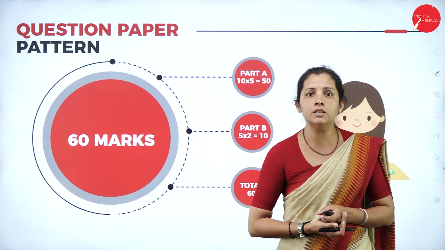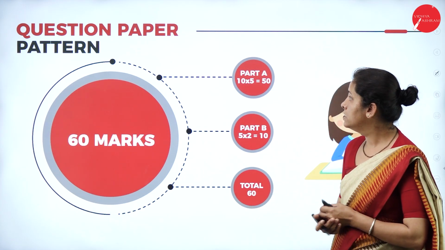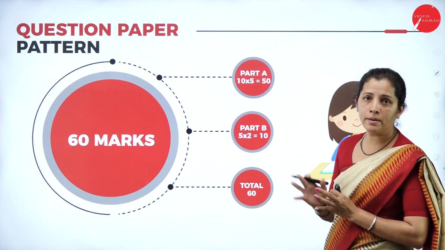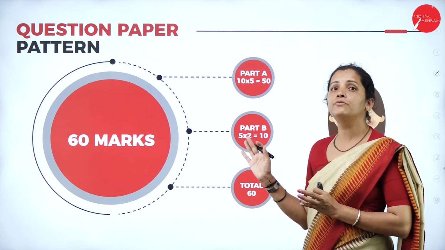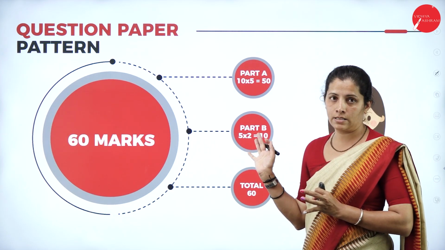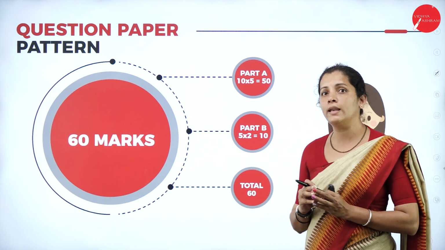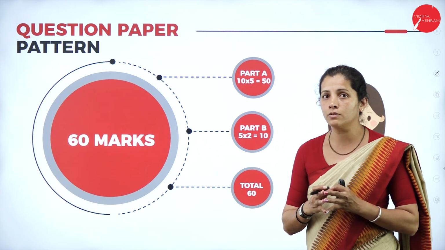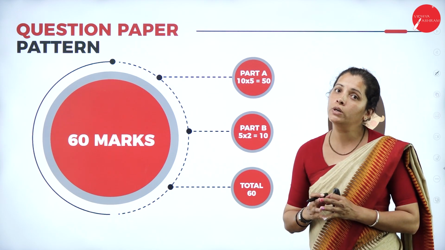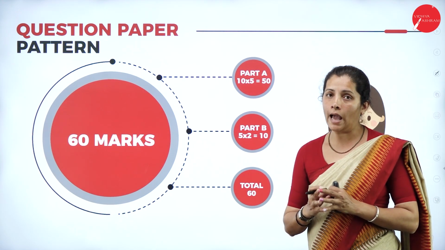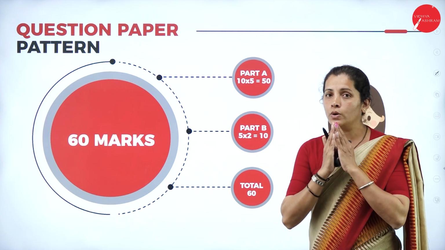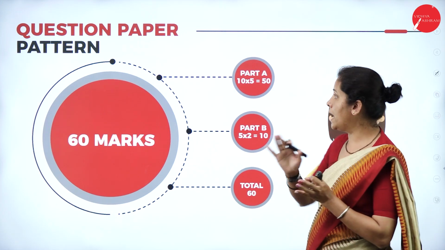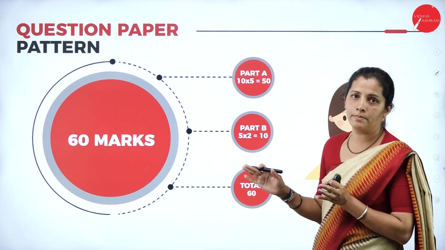Now, if I consider the question paper pattern, see here, I have the question paper pattern. The subject is for 60 marks. You have the theory as well as practical. Practical is only for 25 marks. I'm not going to discuss anything about lab programs. So practical is for 25 marks and theory is for 60 marks.